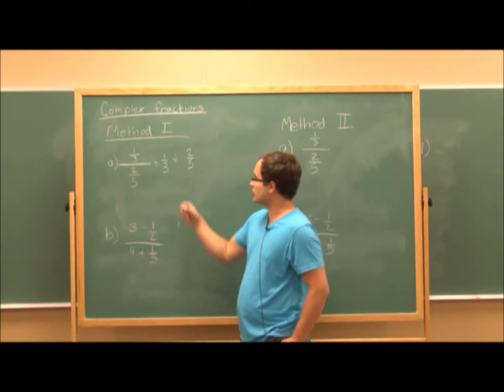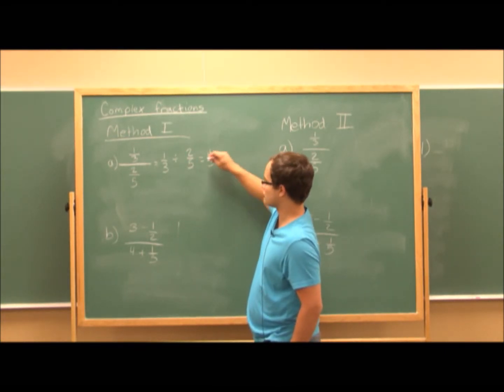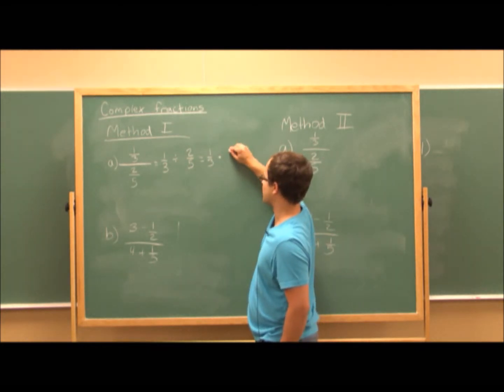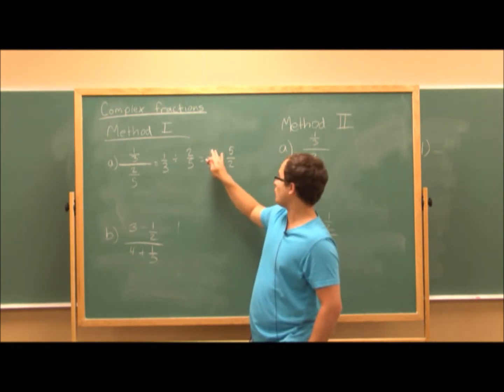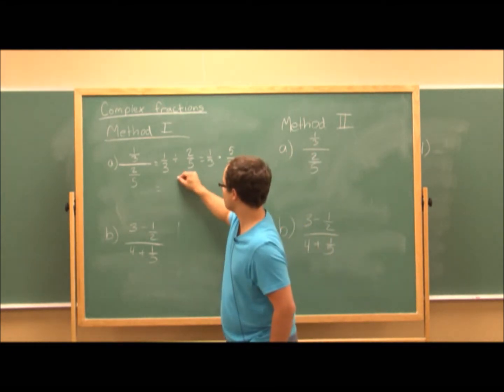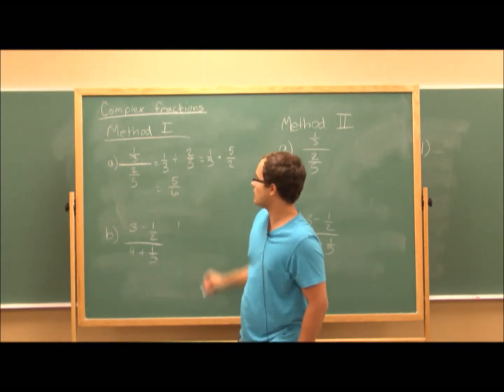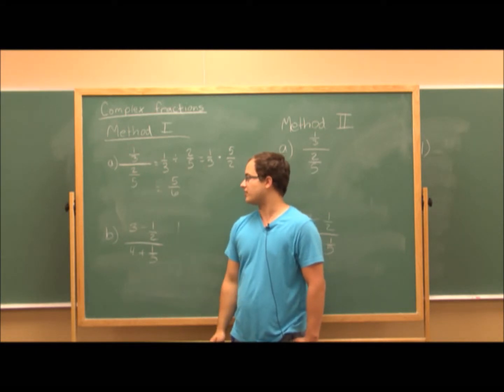So when you do division, remember, you keep the first fraction the same, change it to multiplication, flip the second fraction. Nothing simplifies, so 1 times 5 is 5, 3 times 2 is 6. So 1/3 over 2/5 is equal to 5/6.